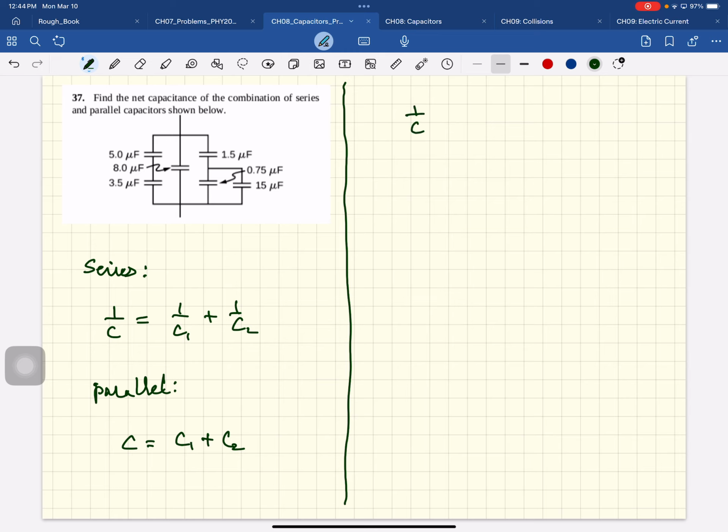1 over C equal to 1 over 5 plus 1 over 3.5 microfarads.